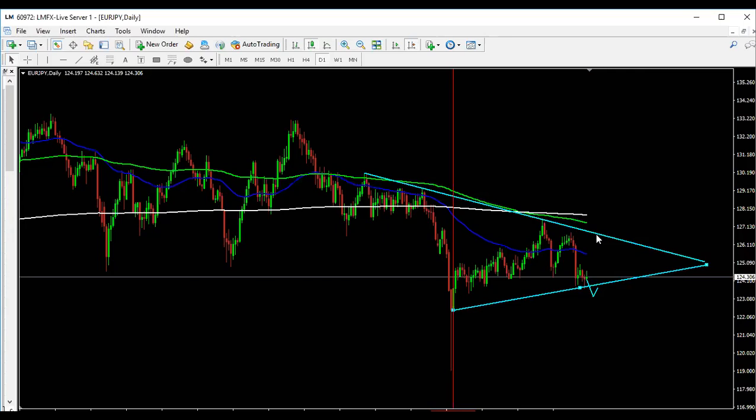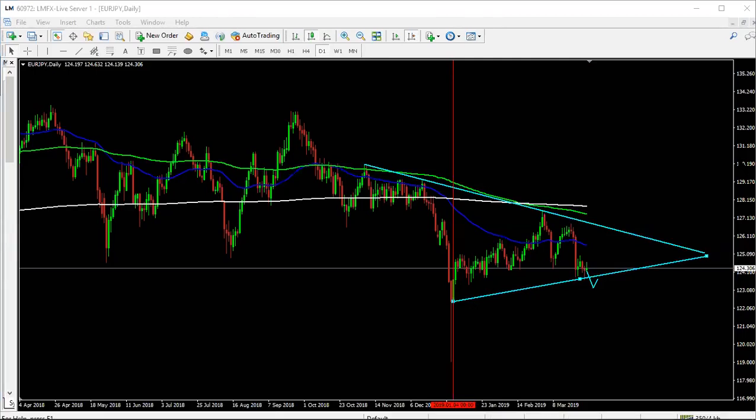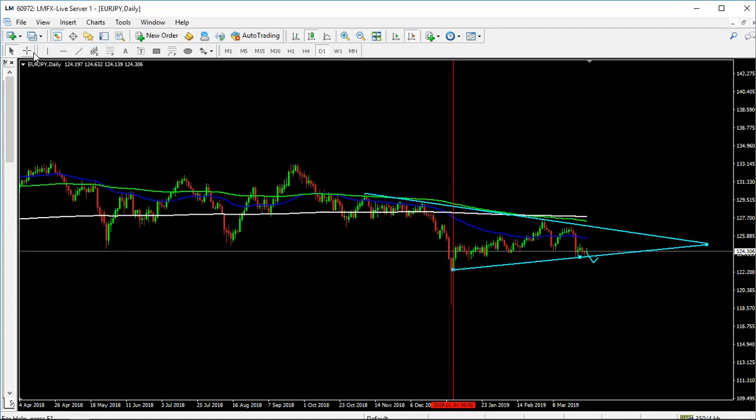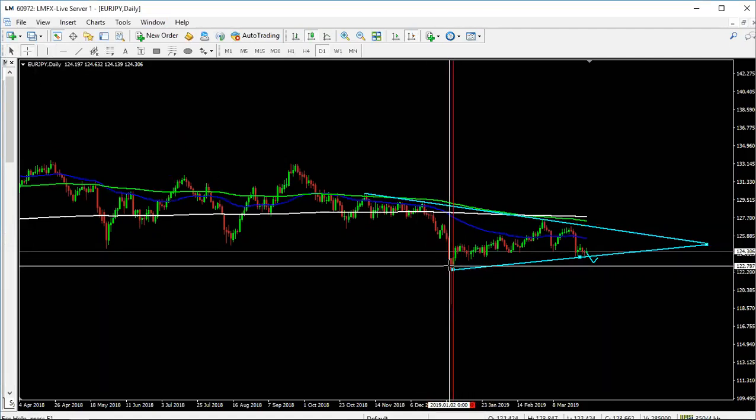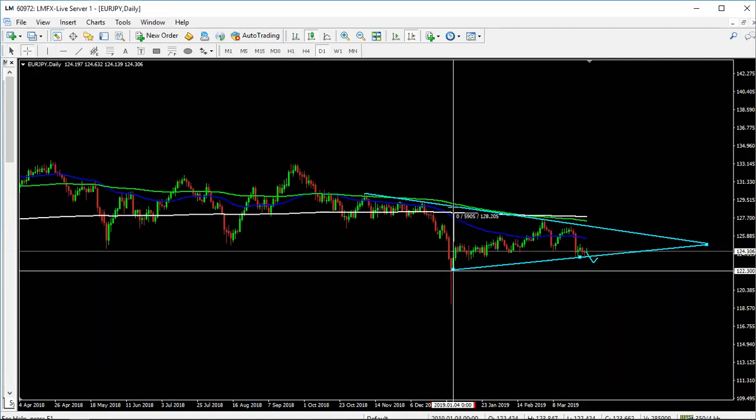Okay, now what do I mean when I say that it may take a while to get to that area? So let's go ahead and draw our theoretical take profit. 667 pips. Okay, so let's just go right here for number 6.